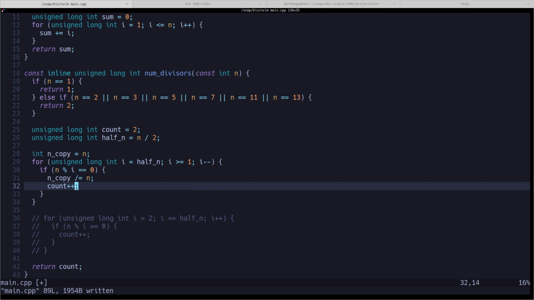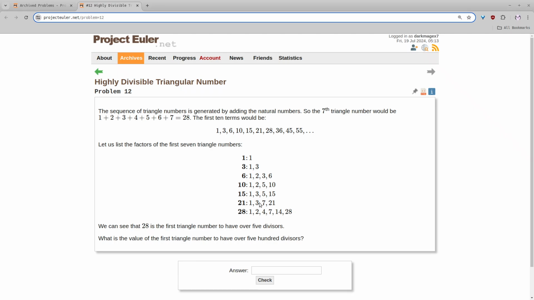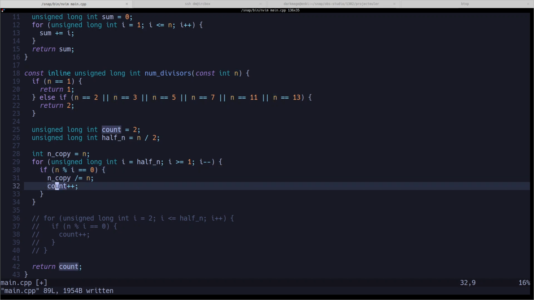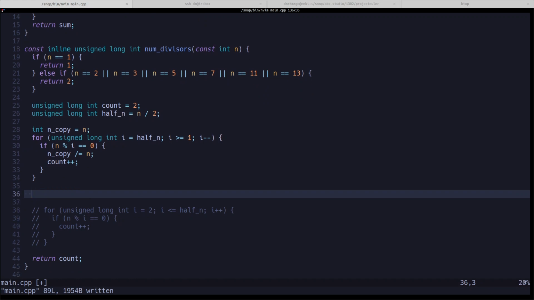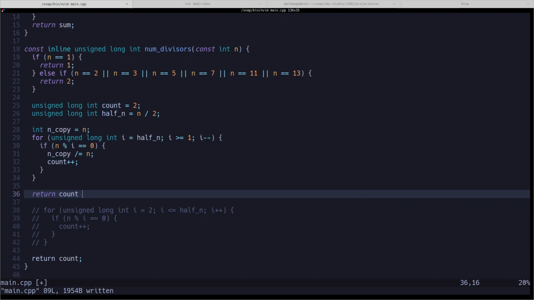Count plus plus, right? So then we're going to want to return count. Oh no.